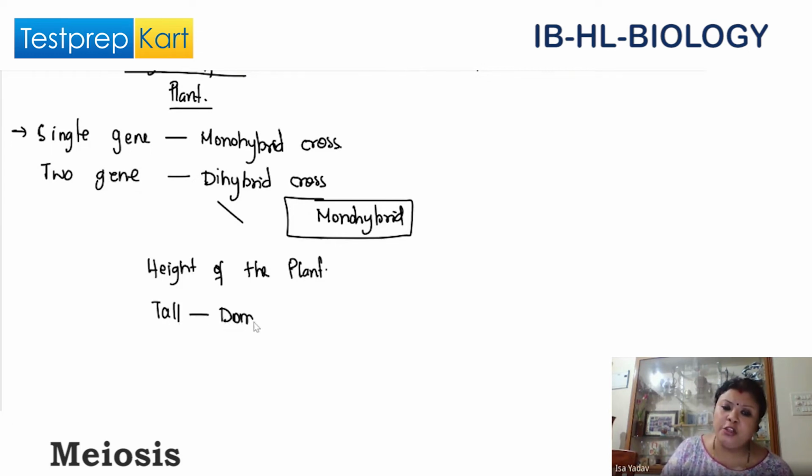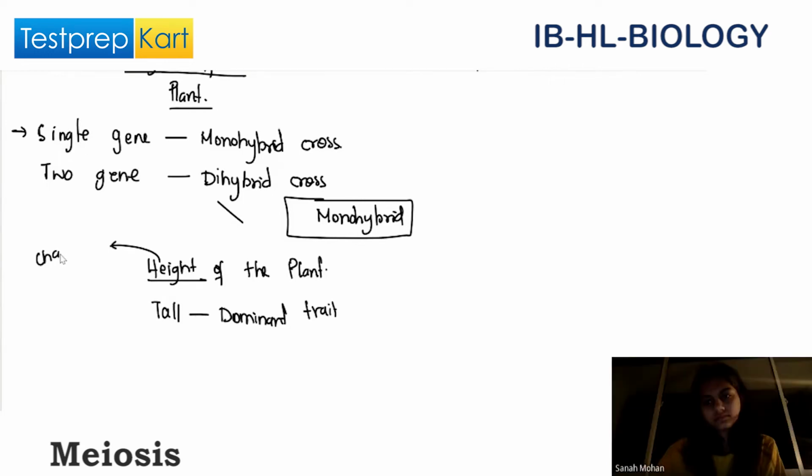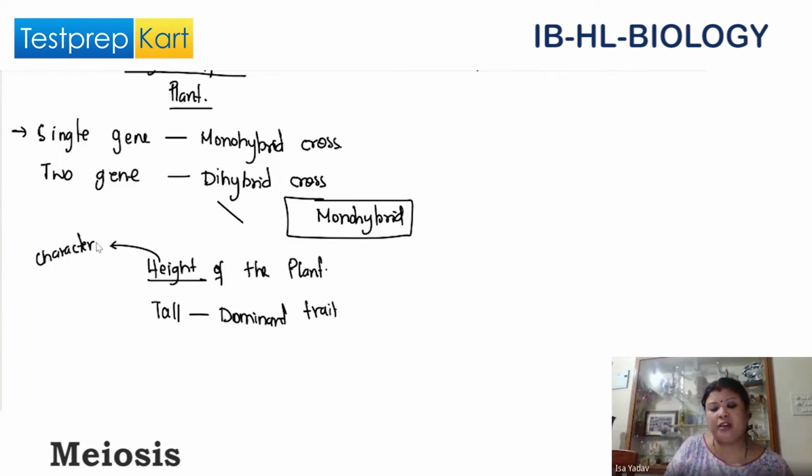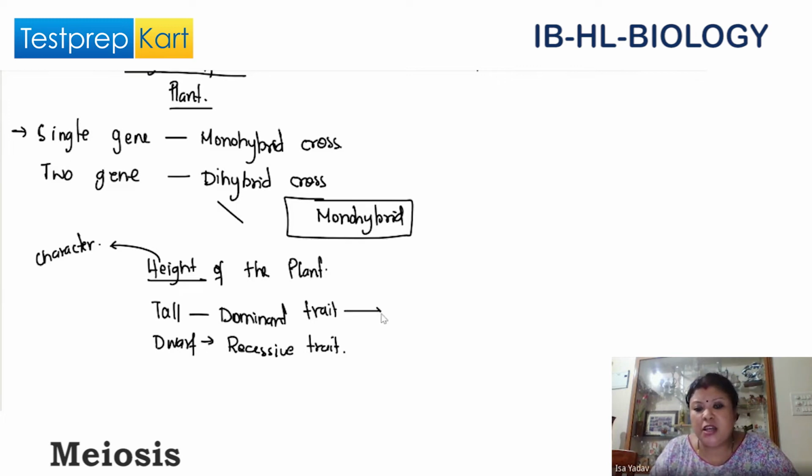This is a dominant trait. Height is the character. Tall is a dominant trait. Dwarf is a recessive trait. So we represent tall as capital letter T.